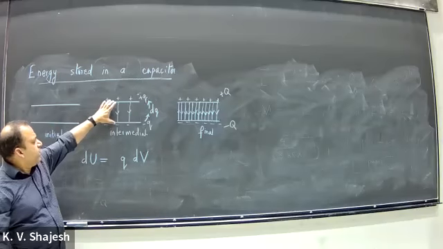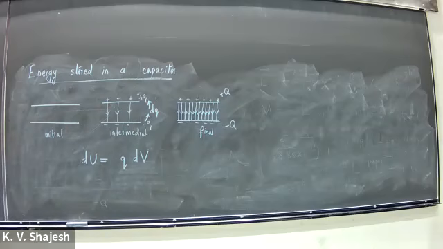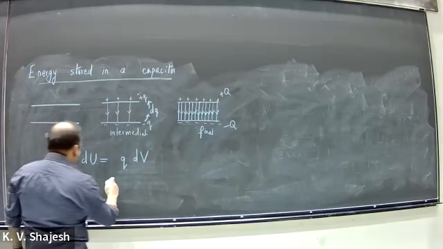But what is the potential in the intermediate state? V is nothing but Q over C, where C is the geometry dependent quantity. So write it in the opposite order.